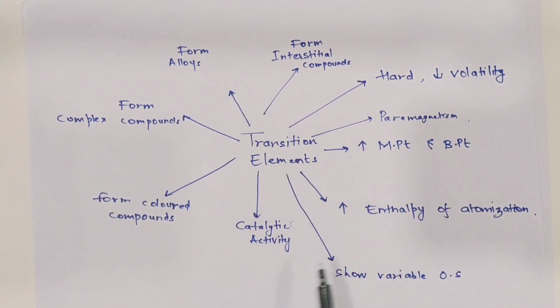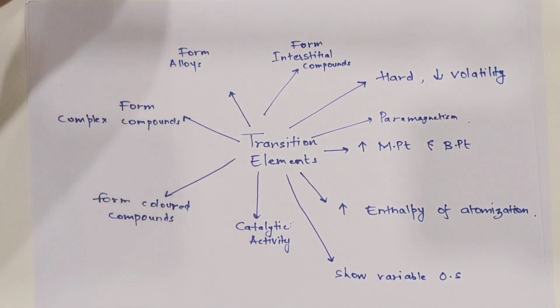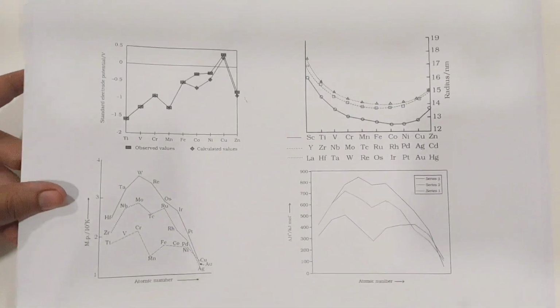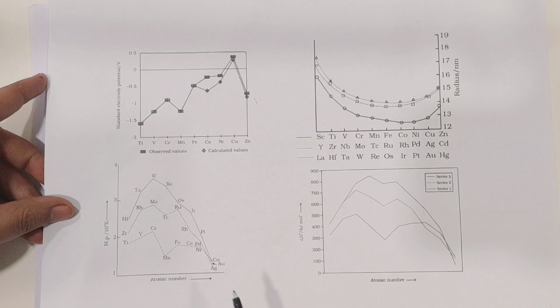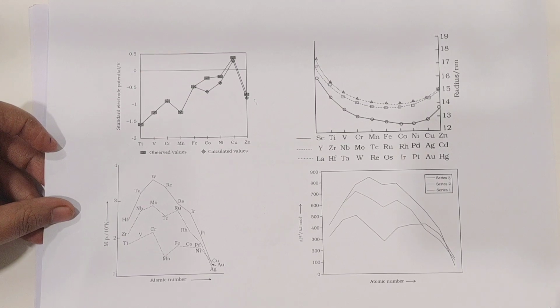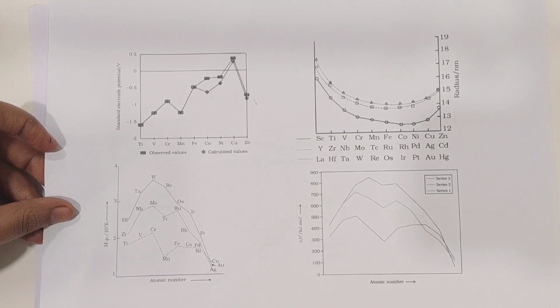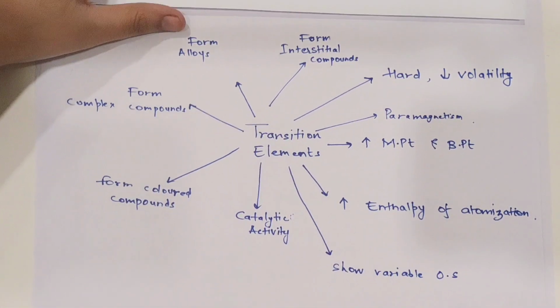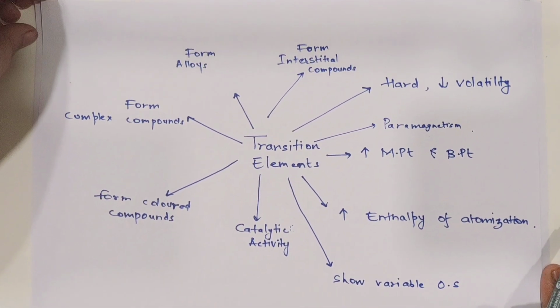So we will talk about these properties. Sometimes these properties can be asked by way of graphs. Graphs will be shown. You'll have to observe the graph, deduce the information, and then answer the questions, which would basically be the same questions. Now, let's talk about the properties.